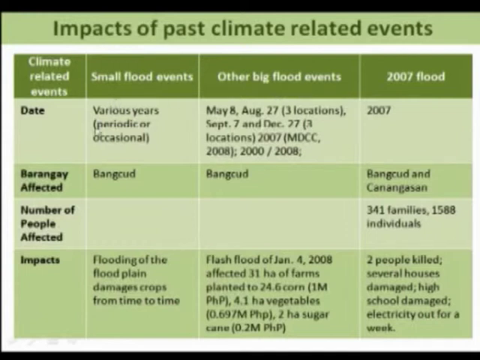And you can also ask how many people were affected by these different events, such as, for instance, here they have identified 341 families affected by the 2000 flood that occurred in the area.